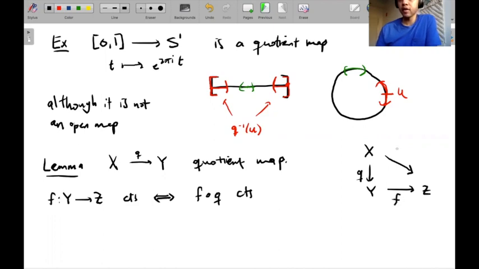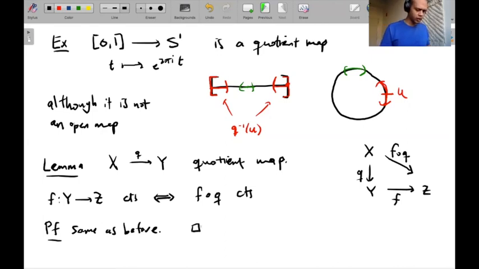To test if f is continuous, it's equivalent to test if f composed with q is continuous. The proof is exactly the same as before, and I'll leave that to you as an exercise. This is completely analogous and follows directly from how we defined a quotient map.